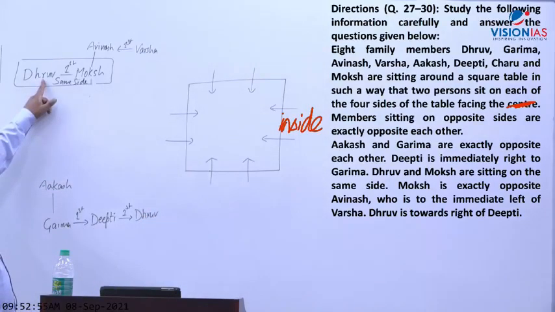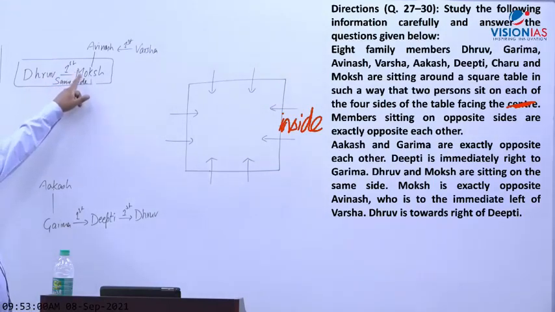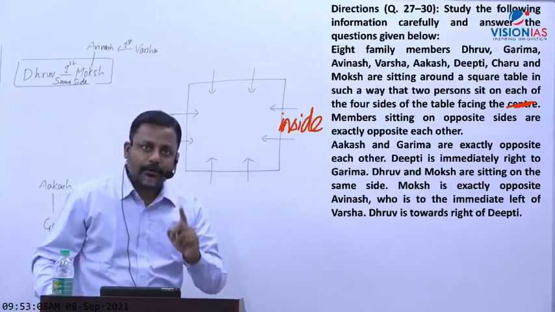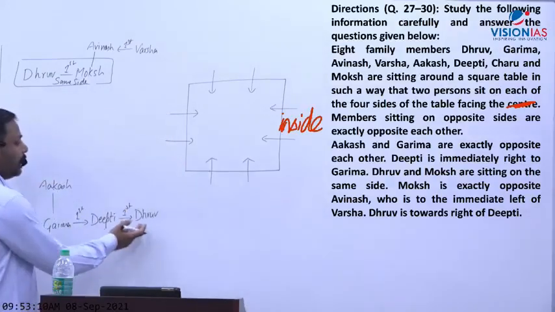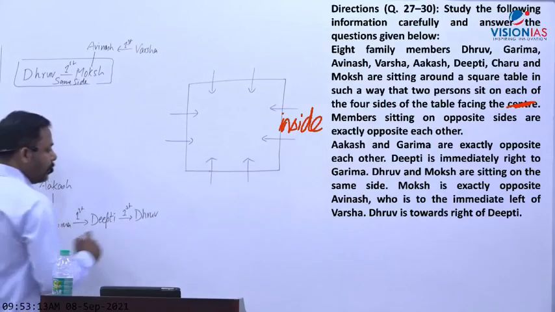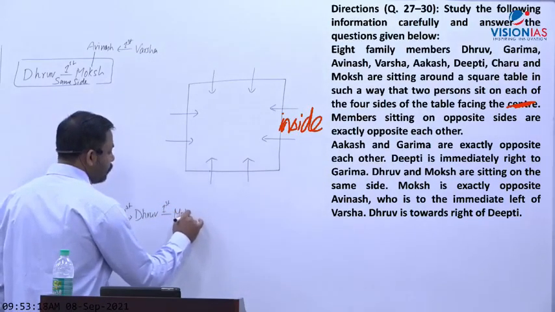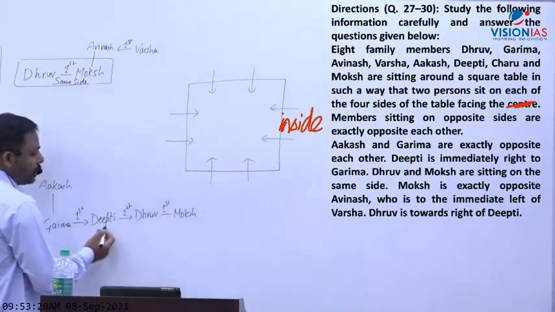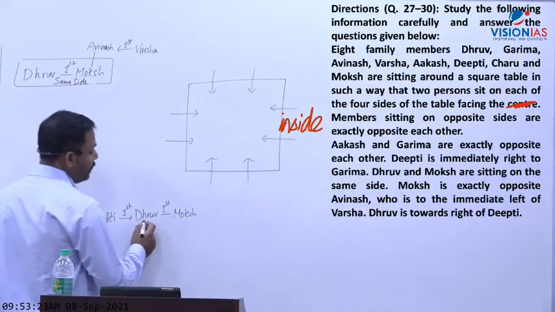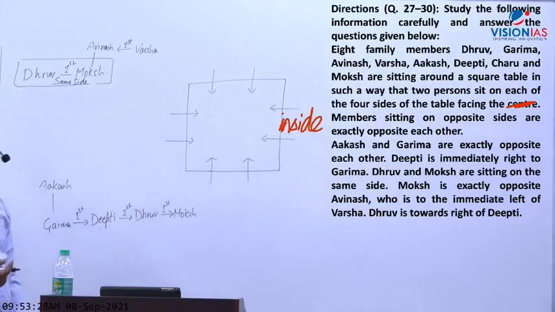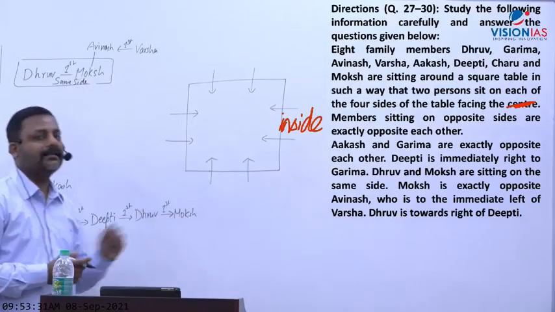As we know that Moksh is at first position from Dhruv, means Moksh is also an immediate neighbor of Dhruv. So since Moksh is also an immediate neighbor of Dhruv and Deepti is also there next to Dhruv, if Deepti is towards the left of Dhruv, we can easily say that Moksh should be on the right hand side of Dhruv.